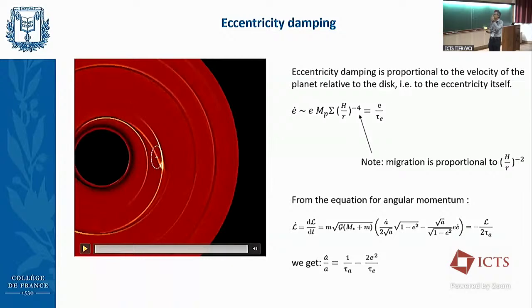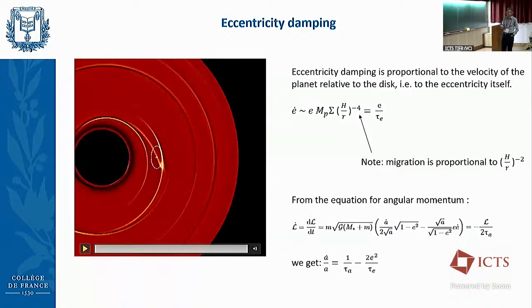So what we have seen before, the formula I gave before for the change in the specific angular momentum of the planet is still valid, apart from small corrections in eccentricity.